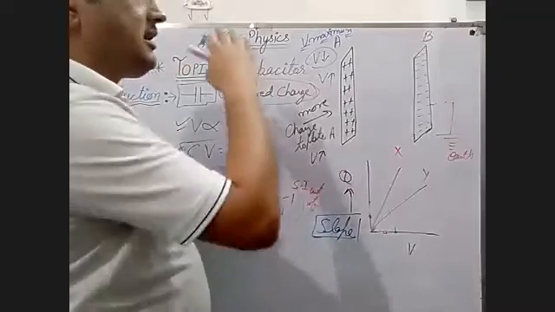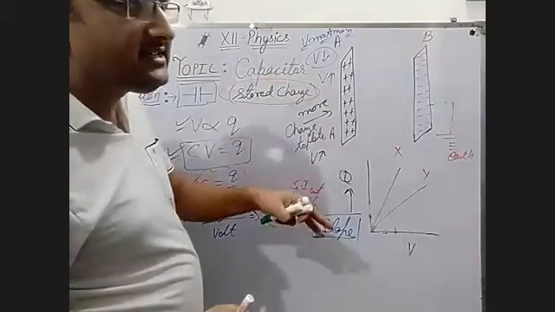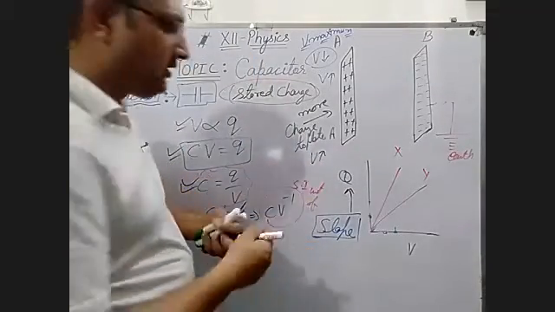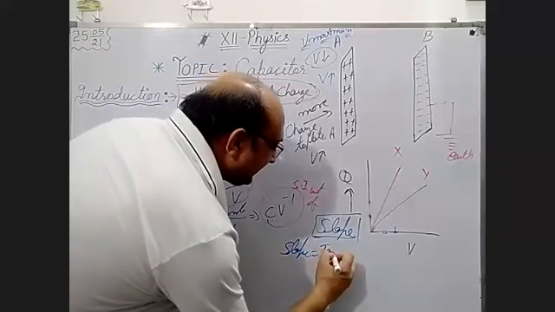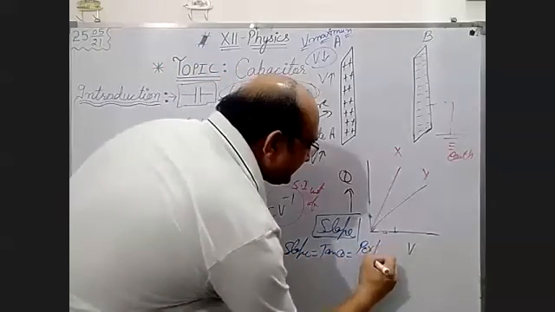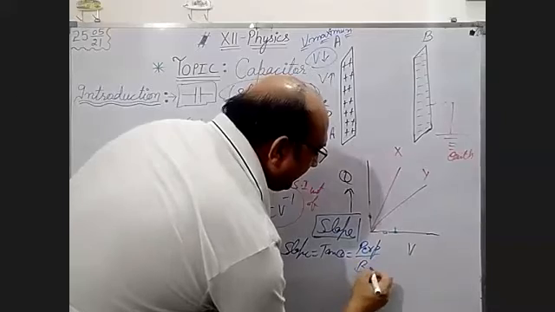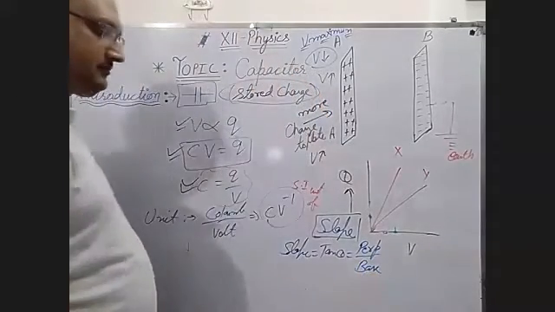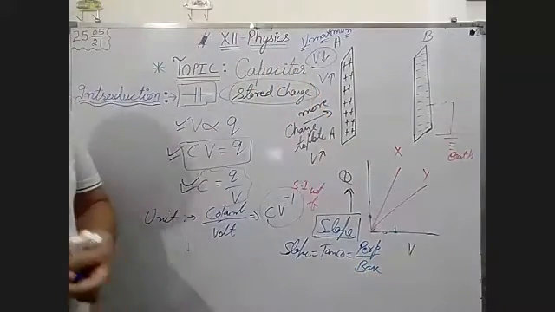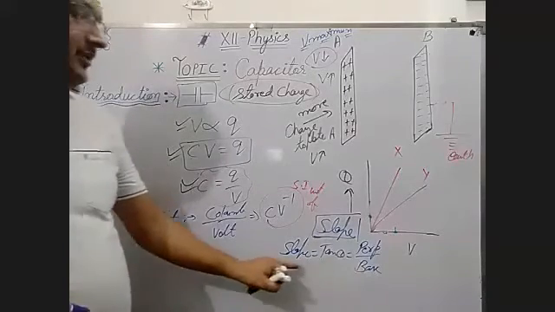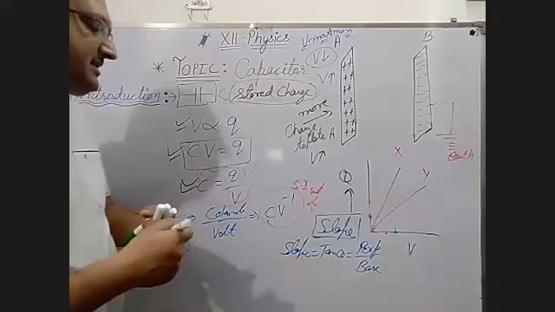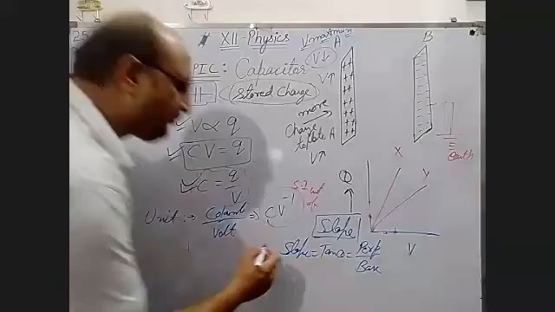So if the angle increases, then slope increases. Okay, slope, you can take formula tangent theta, or you can calculate this by taking perpendicular upon base. If slope is more, capacitance is more.